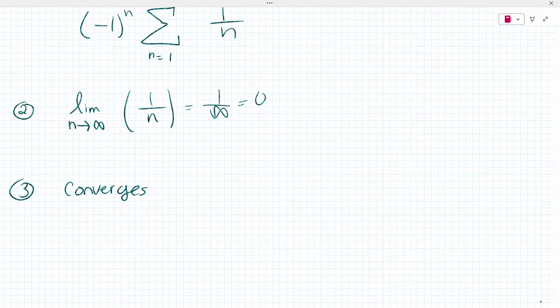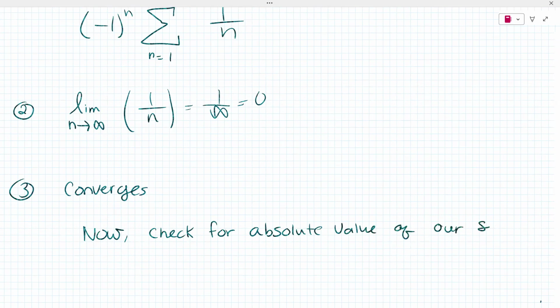That's where you put the absolute value sign. So we took out the alternating part.